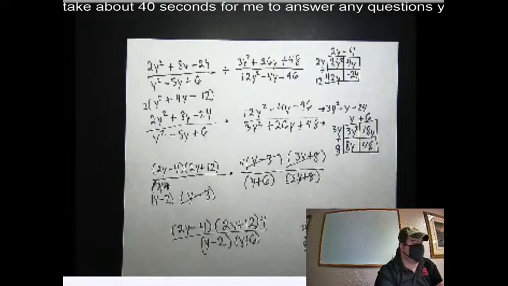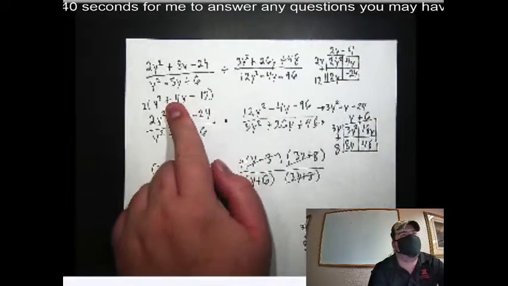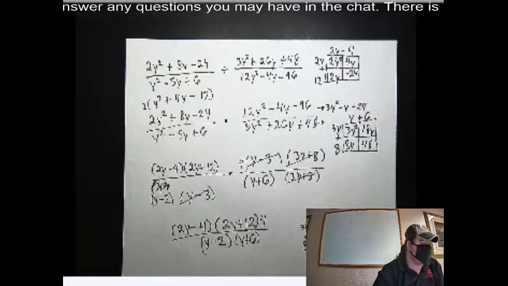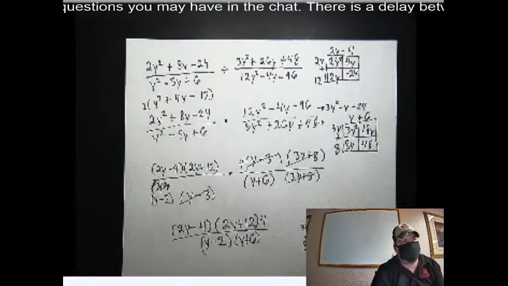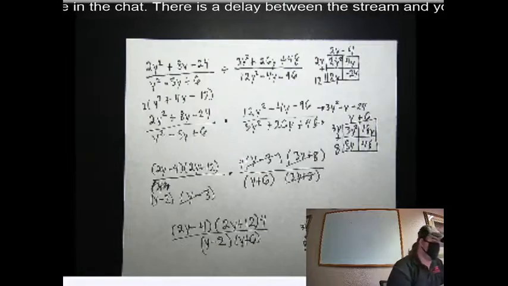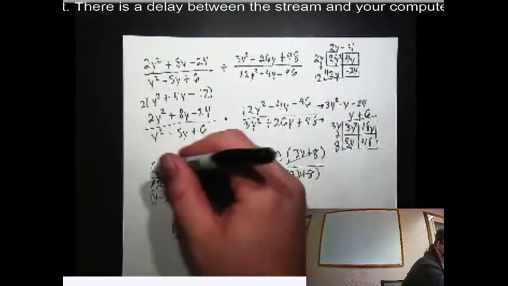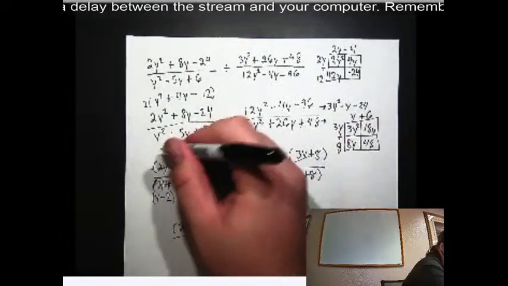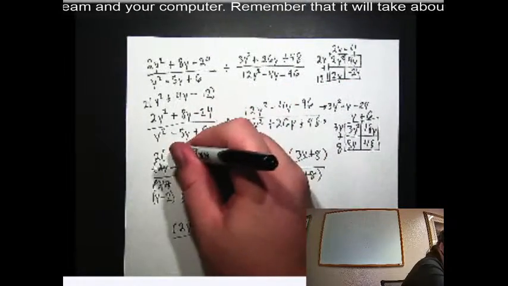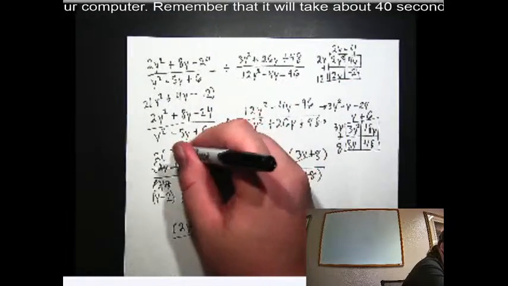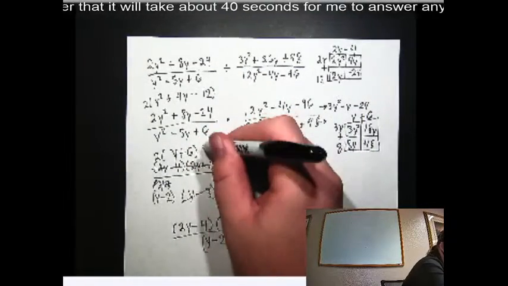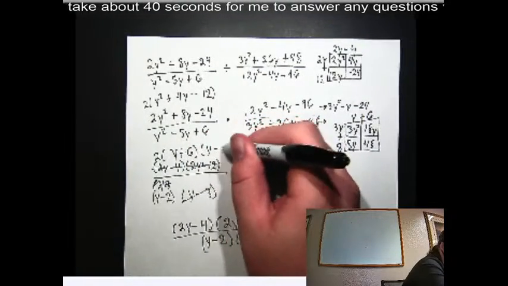Factors of 12 that will combine to give positive 4. What could we do? 6 and negative 2. So then these new factors are 2 times y plus 6 and y minus 2.